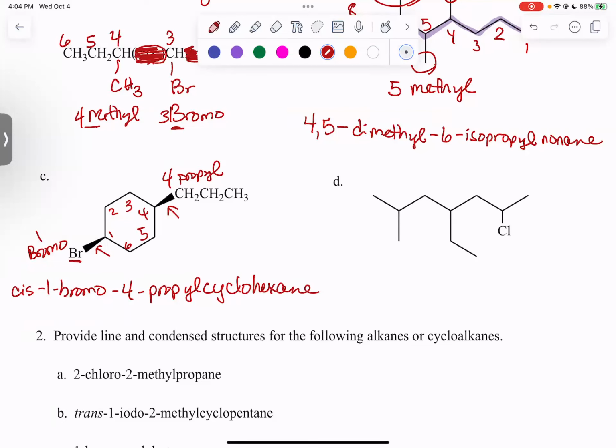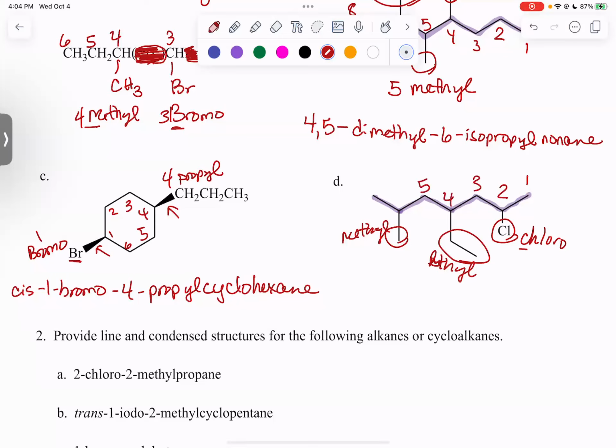Okay. All right, the next one, we want our longest continuous chain. We have to include the carbon that's got the chlorine. So once I get here, I'm going to continue this way. Once I get here, I can go either way, doesn't matter. So then I have a methyl, I have an ethyl, and I have a chloro. Okay, so we have a methyl and a chloro, each one away. Chloro alphabetically comes first, so we're going to do that.